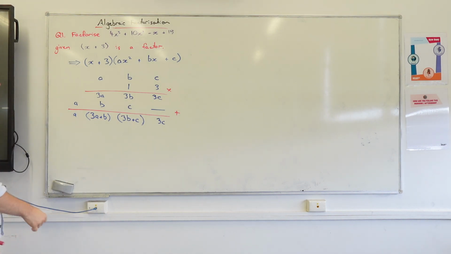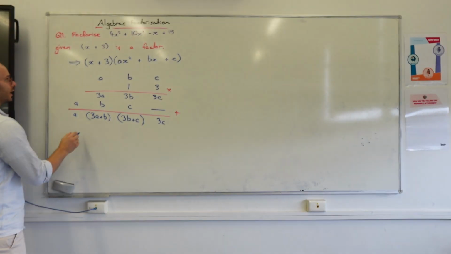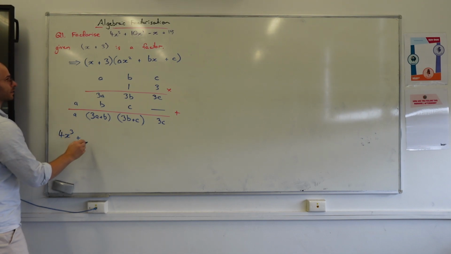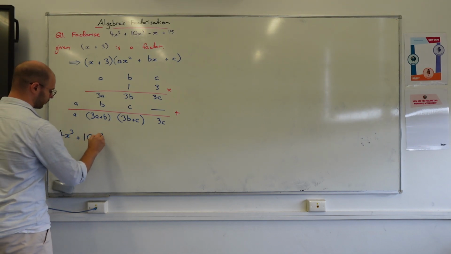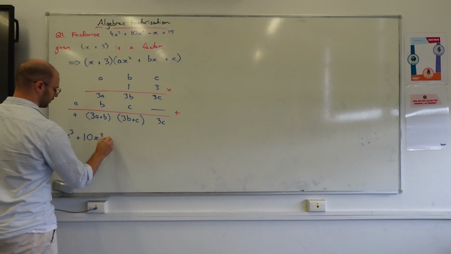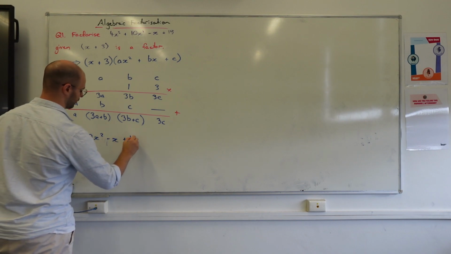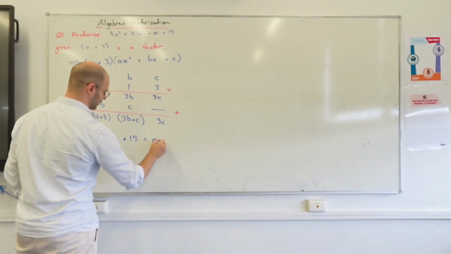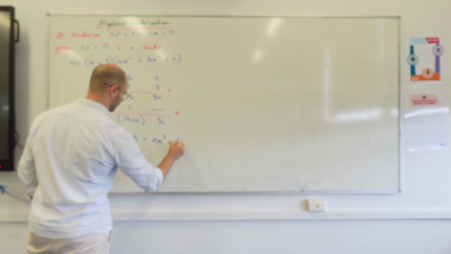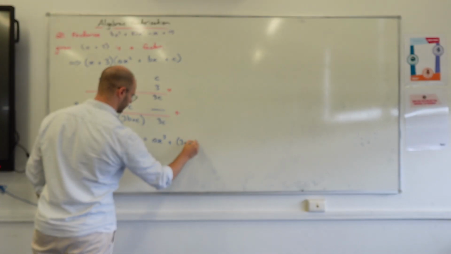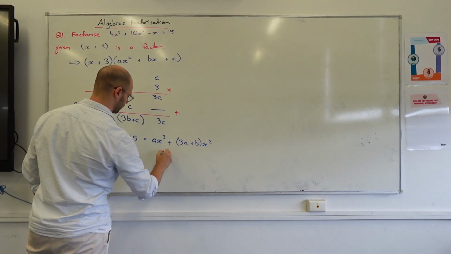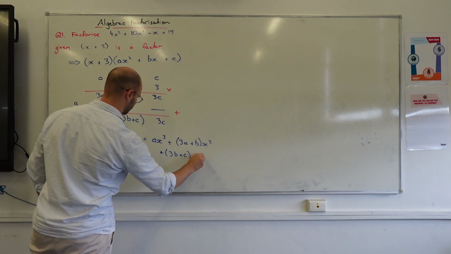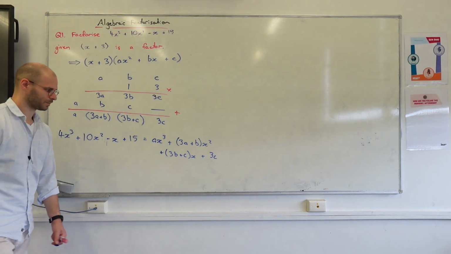So when we expand this out, what we discover is we have 4x cubed plus 10x squared minus x plus 15 has to equal ax cubed plus 3a plus b x squared plus 3b plus c x plus 3c.